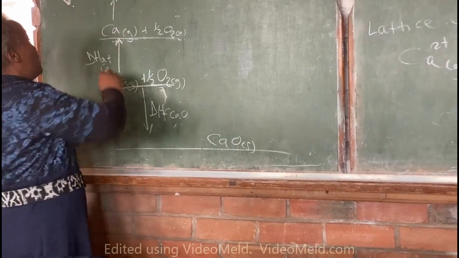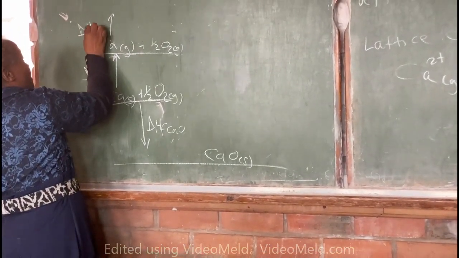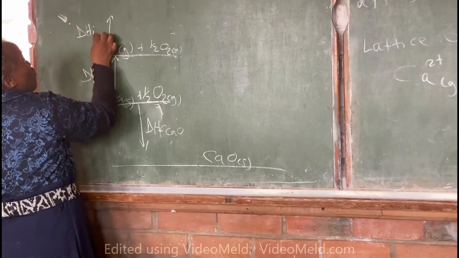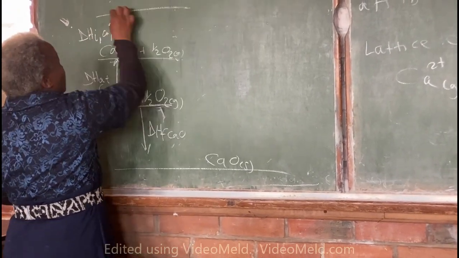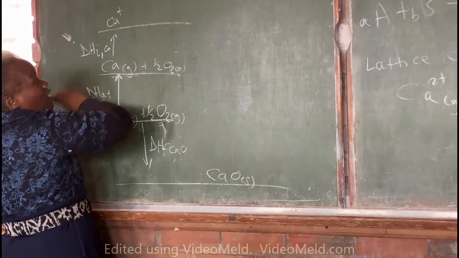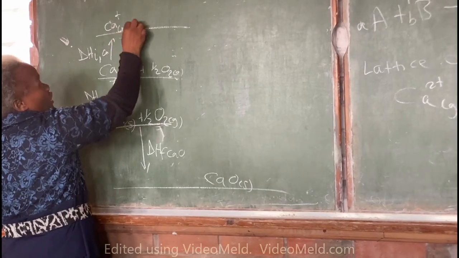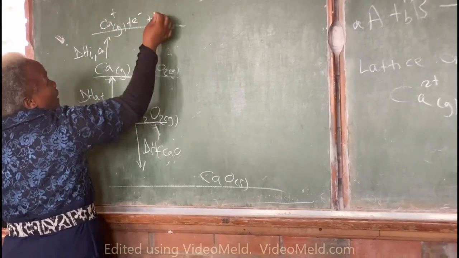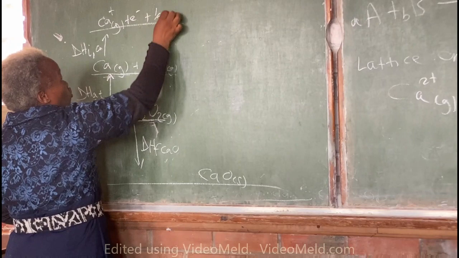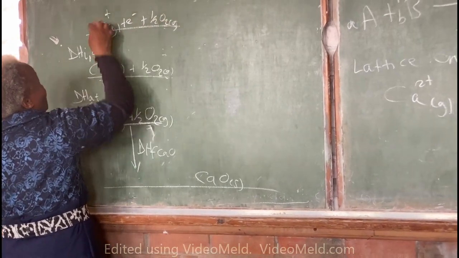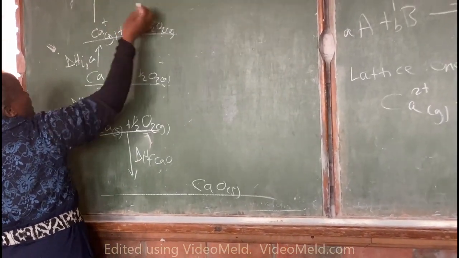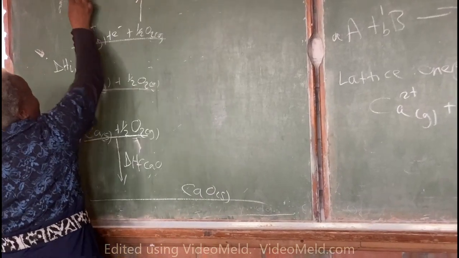So that is the first ionization energy of calcium. And when you ionize, you form positively charged ions, and you release the electron, plus your half O2, not yet atomized.